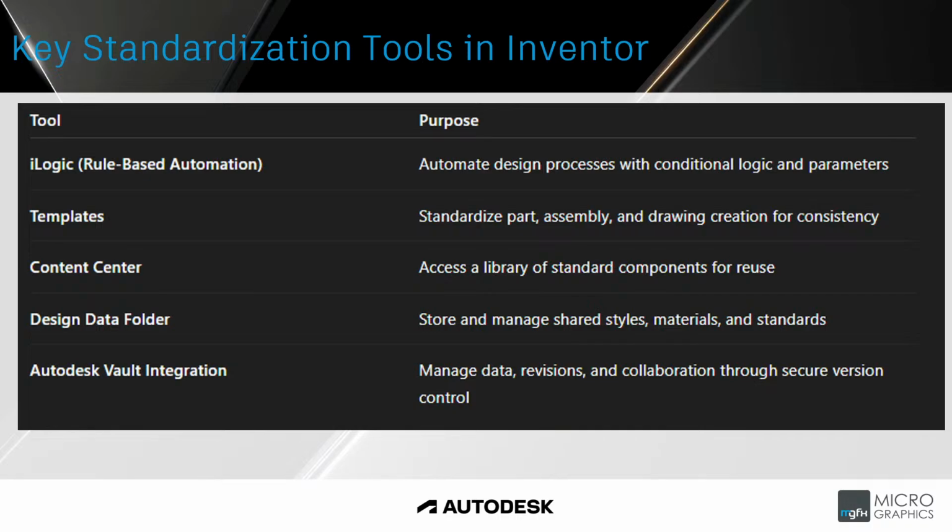And it all integrates with Autodesk Vault. Vault manages data, revisions or versions, and collaboration through secure version control. Now, Vault Basic does have version control, and Vault Professional does have revision control and lifecycle management.